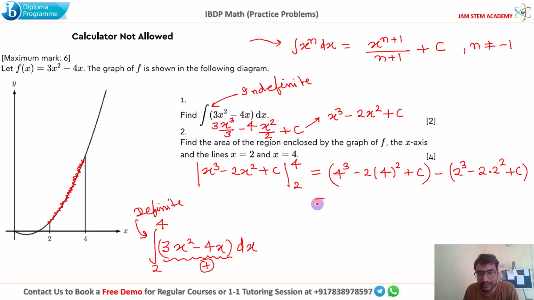That's your answer. Yep. So we got this 4 cube, which is 64, minus 16 times 2, which is 32, plus c, minus 8, minus becomes plus 8 minus c. So simplify it, we get our answer. What is that? 8 cancelled, c minus c cancelled, 32 is the value. 32 square units is the area.